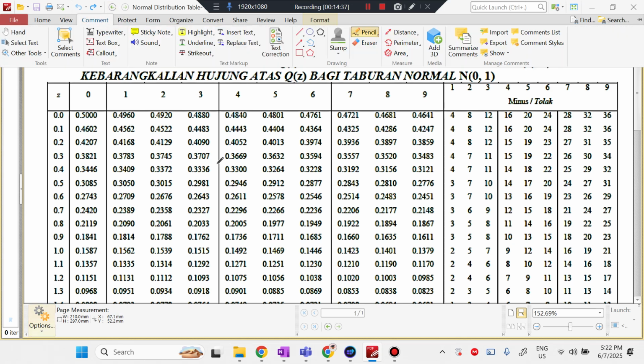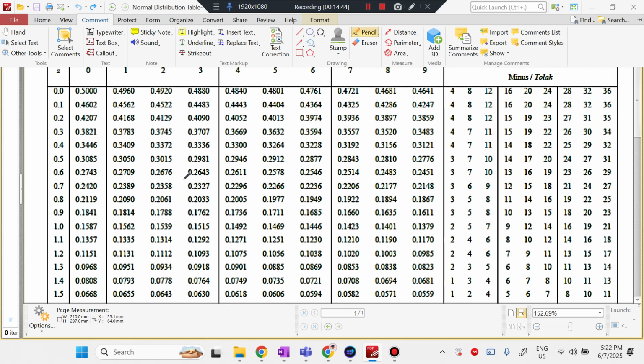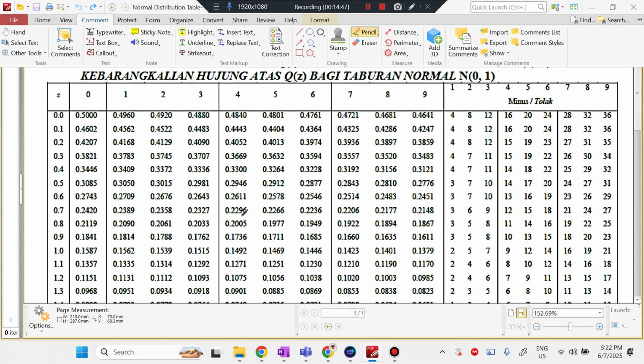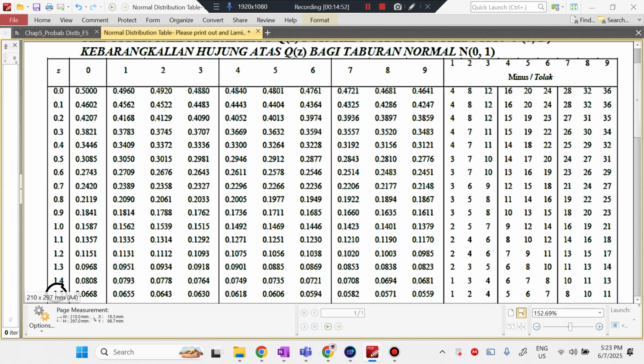1.573, yeah. So remember what we are finding. We are finding probability. And what is your Z? 1.573. So don't go and look for 1 point something in this section. We are finding probability using Z. What is our Z? 1.57.